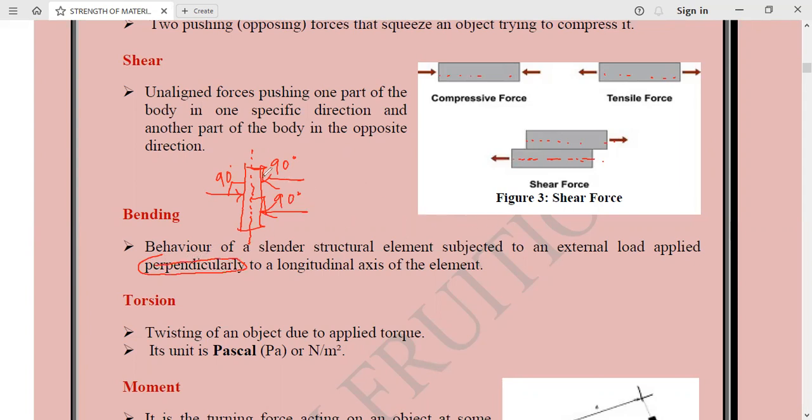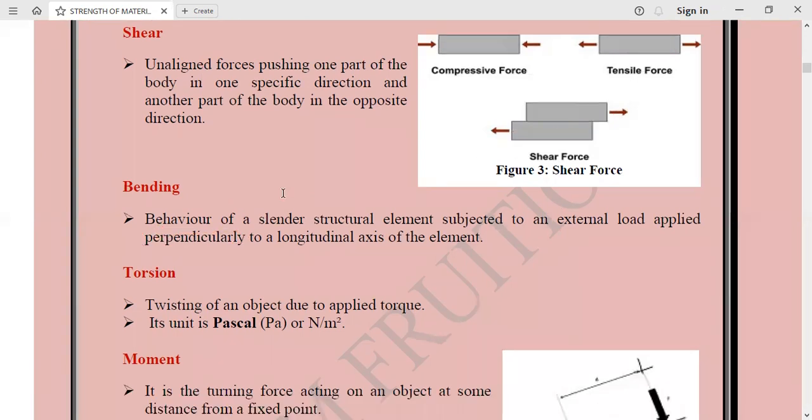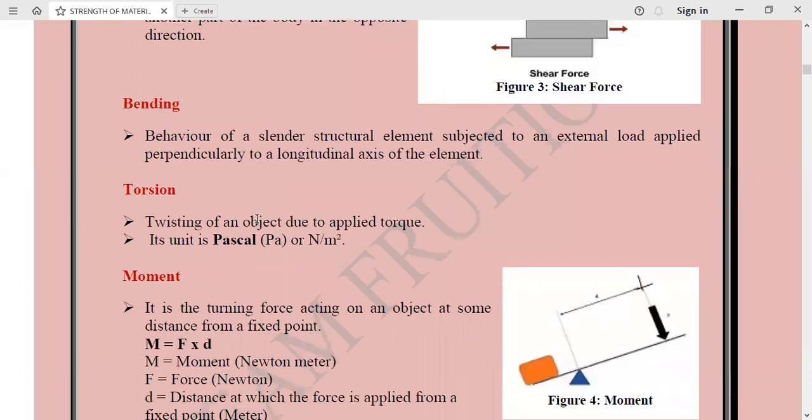So whenever an element is subjected to different forces which are perpendicular to the longitudinal axis of the element, then bending will occur. So now we have discussed bending. We will move on to another type of force, that is torsion.